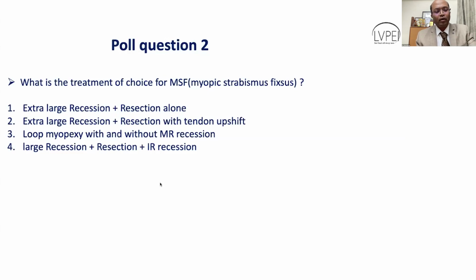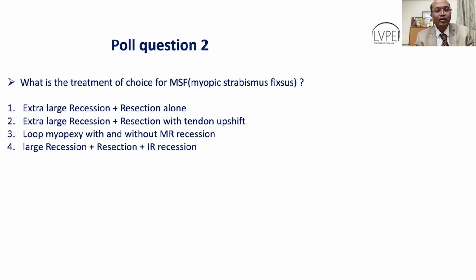Again, over a period of a decade, the treatment of myopic strabismus fixus has evolved from the options that you have here. Let's see how many of you feel which is the most common. And that's great. I could see more than 50% of the responses went ahead with loop myopexy with and without MR recession. That's great.